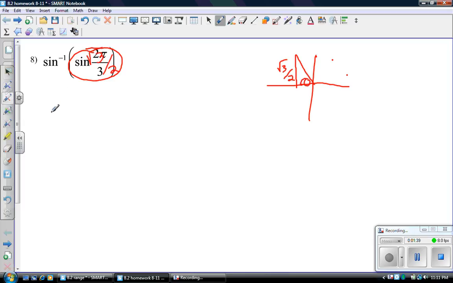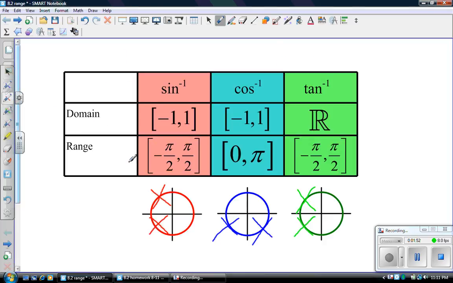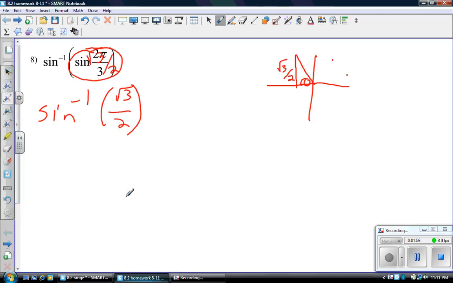So now essentially what I'm doing is the inverse sine of root 3 over 2. And again, once I see inverse trig, inverse sine means immediately cross out the left two quadrants. It's a positive number, so I'll also cross out the fourth quadrant because I need sine to be positive.